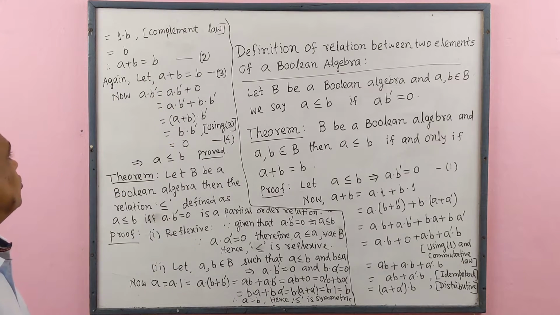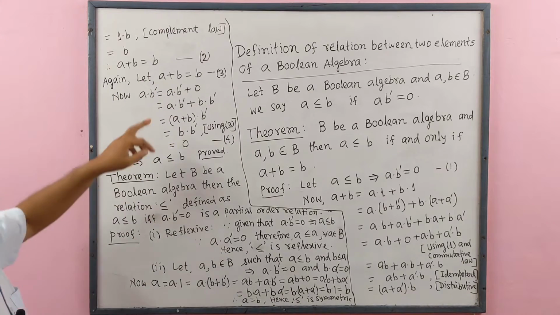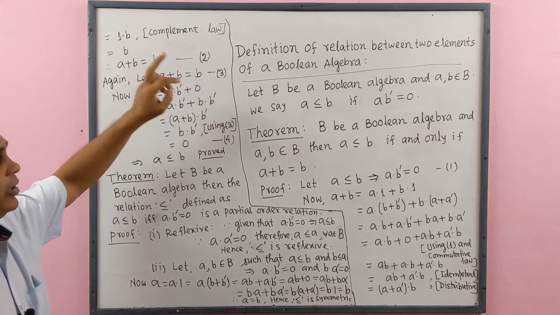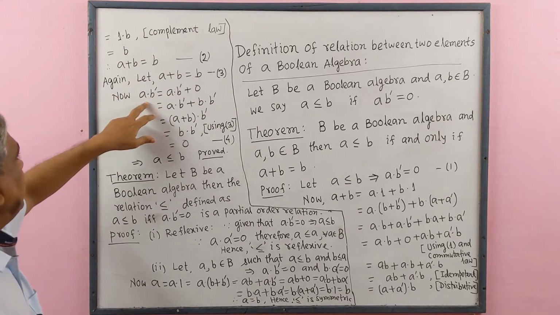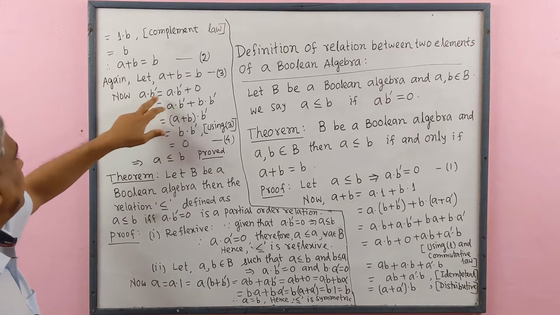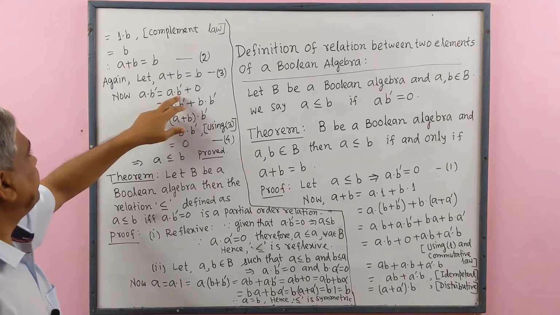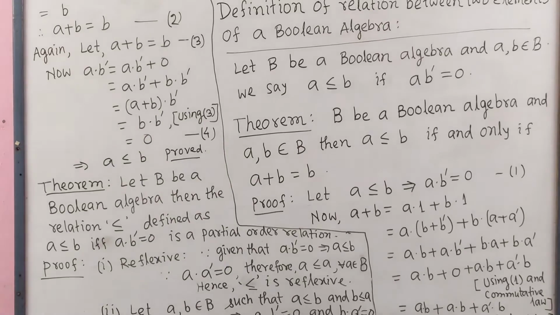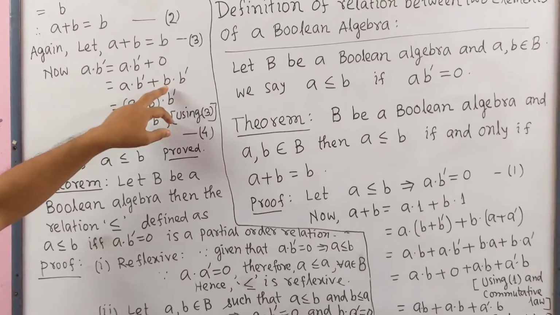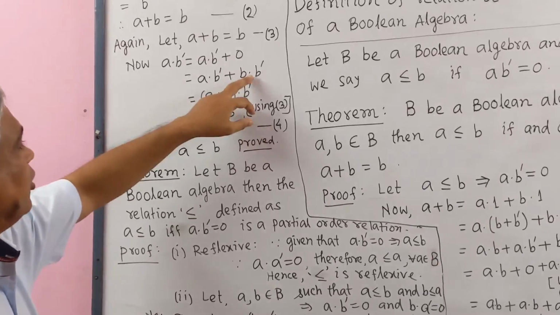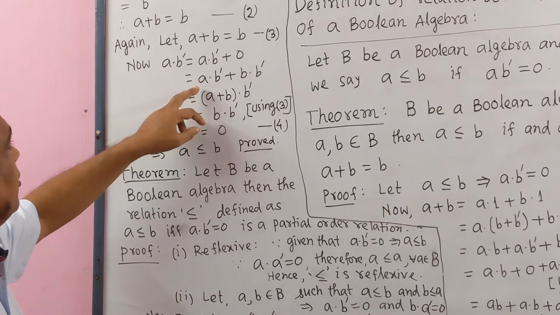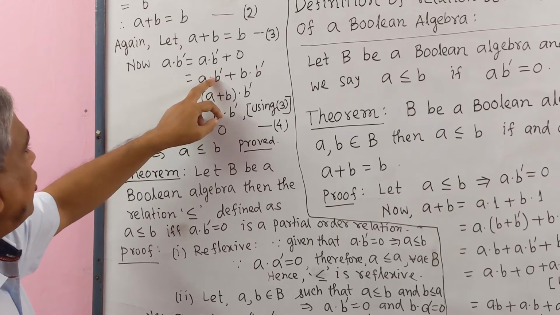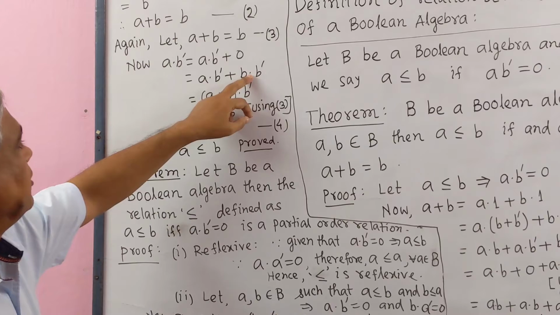This is number 2. Again, let a plus b equal b. Now a dot b prime equals a dot b prime plus 0. By complement law we may write 0 equal to b dot b prime. By distributive law, here we see that dot, here also dot.